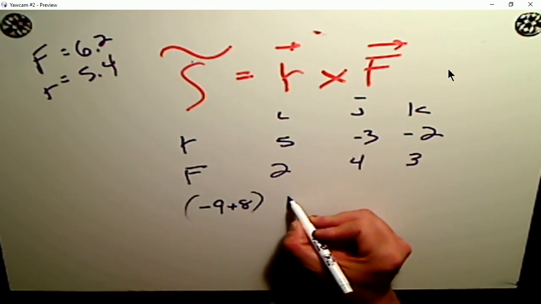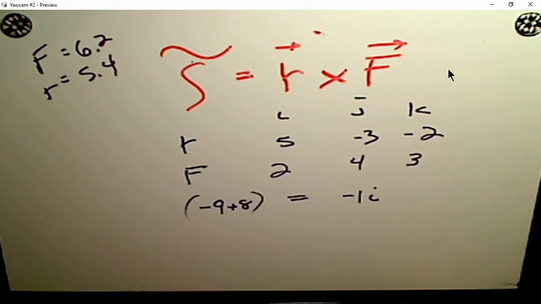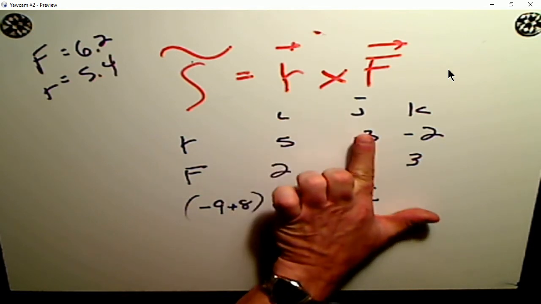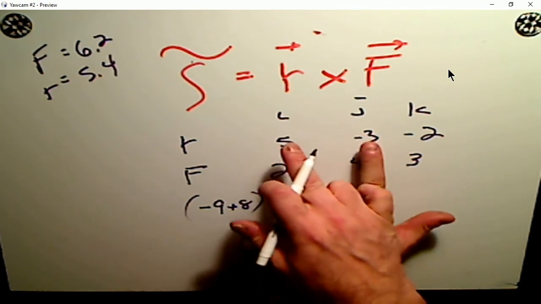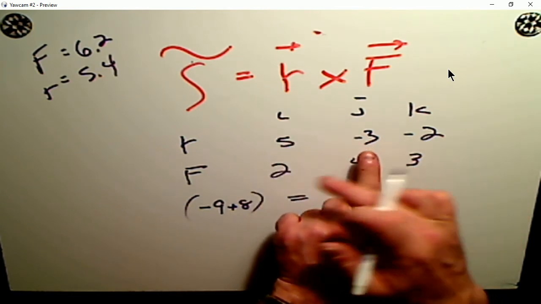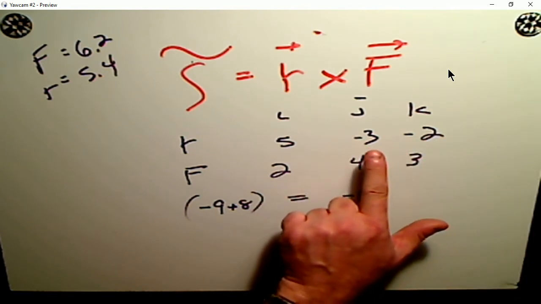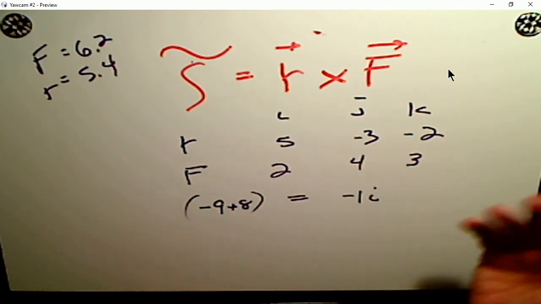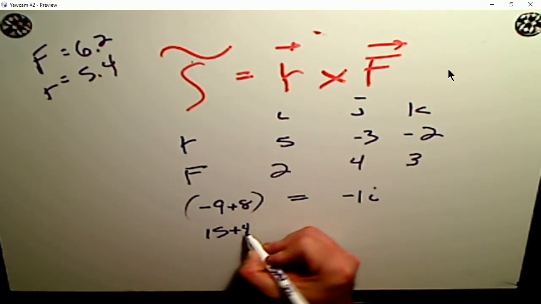And the answer is negative 1I. If I want the J, I cover it up and I do here, right? 5 times 3, 15, minus a minus 4, which is a plus, so it's 15 plus 4.